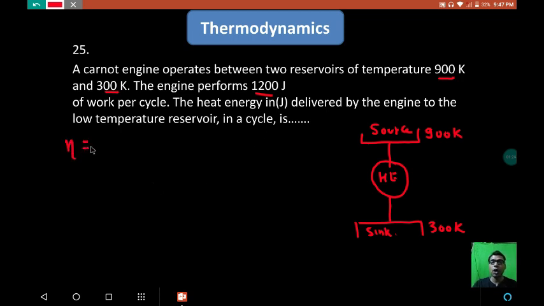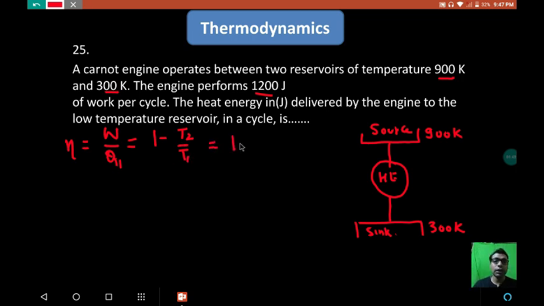Before that, just to say what the efficiency is: efficiency is equal to output upon input. The output is the work done, and the input is Q1. We can say in terms of temperature, it is 1 minus T2 upon T1, where T2 is the sink and T1 is the source temperature.